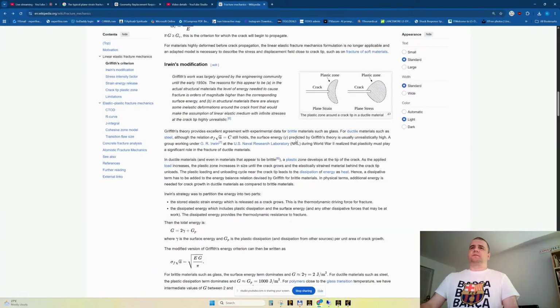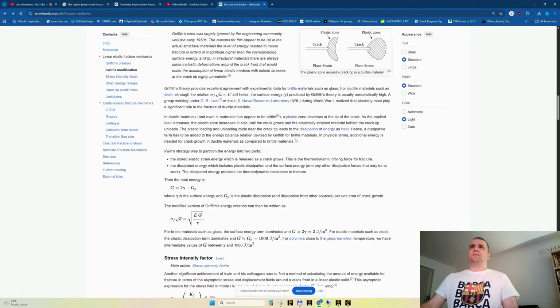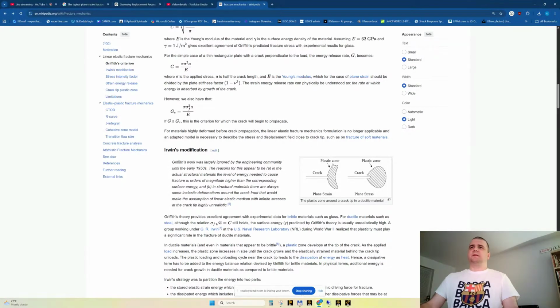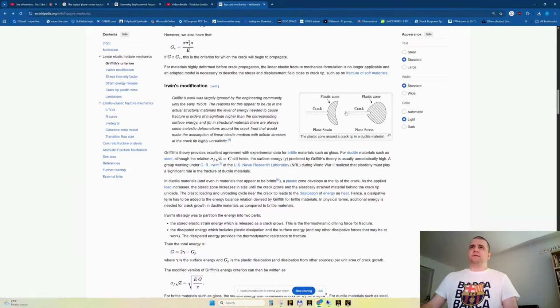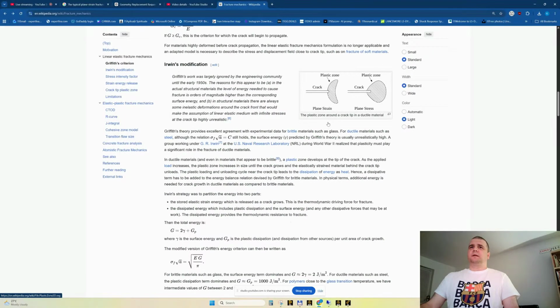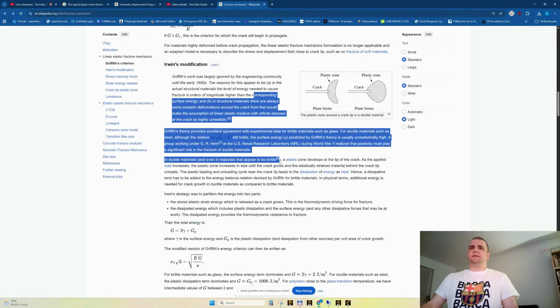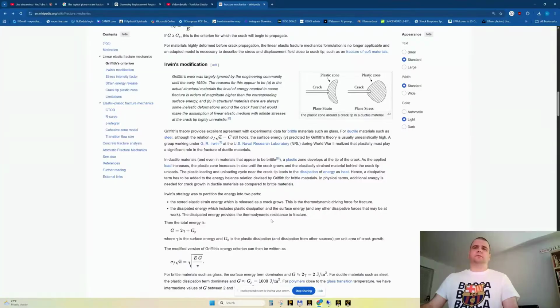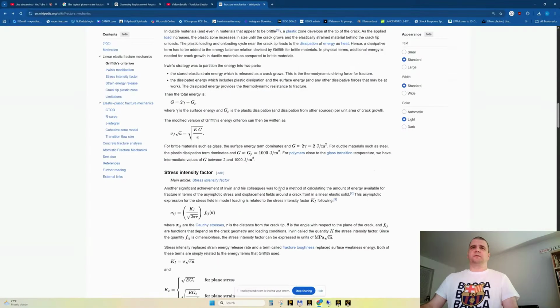There is a lot of theory, plasticity or its absence. Of course, there is plasticity because there is rupture, and it's related also to ductile or brittle materials.